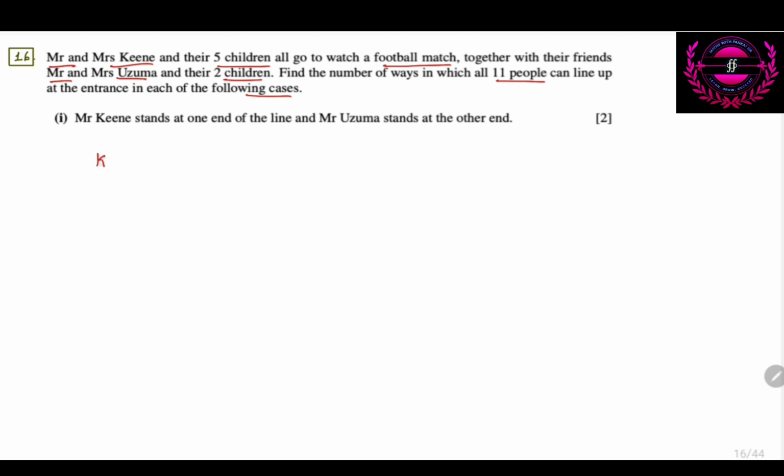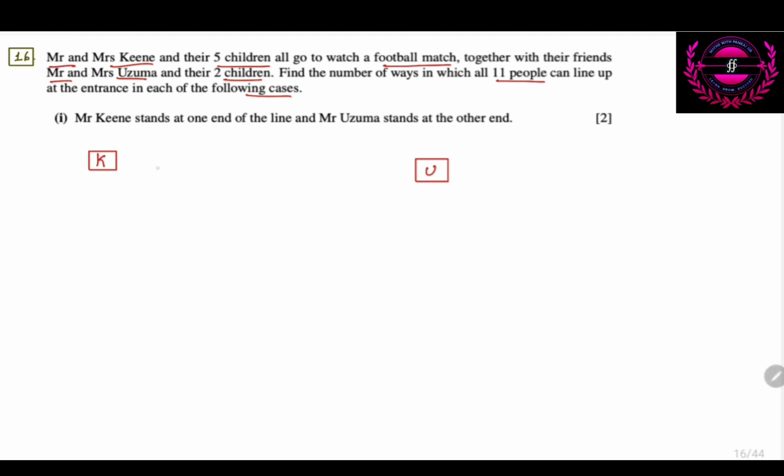So Mr. Keen is fixed at one end, and Mr. Uzuma is fixed at the other end. But Mr. Keen and Mr. Uzuma can also interchange themselves.